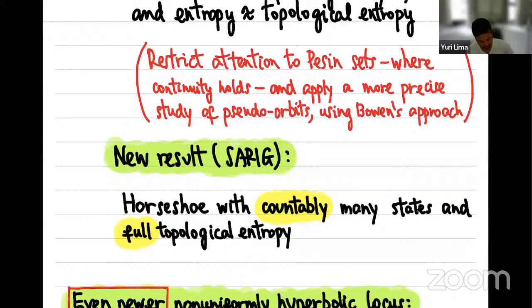Actually, what we do is that we will consider a subset, just like the NUH set, and we will be able to code this whole subset. And we know that this subset carries all the entropy of the system. So we do not even need to talk about invariant measures. We can restrict ourselves to this invariant subset that exhibits some sort of non-uniform hyperbolicity. Any other question?